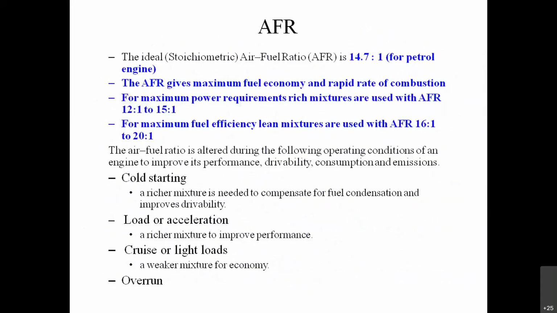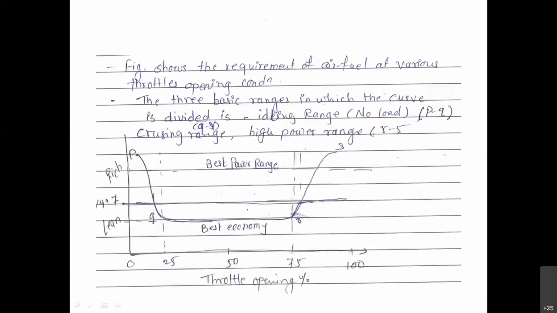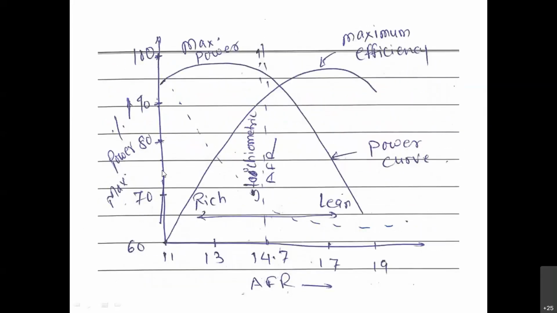Depending on various conditions, the ratio will differ. This is one of the graphs representing the compromise, where we are trying to get the maximum power as well as fuel efficiency.